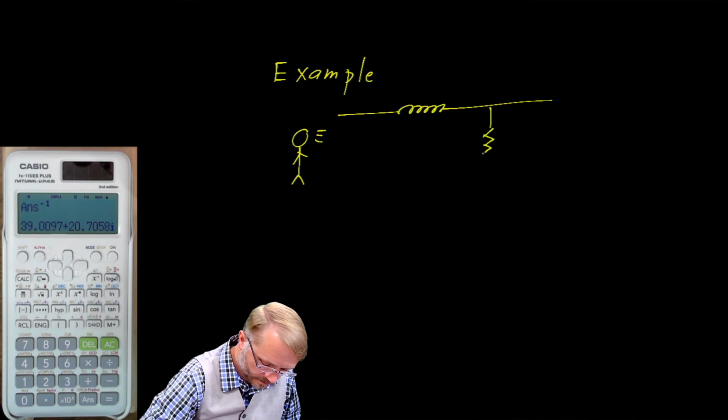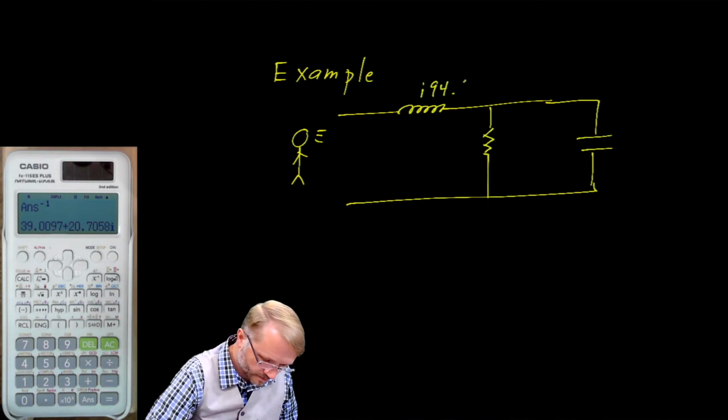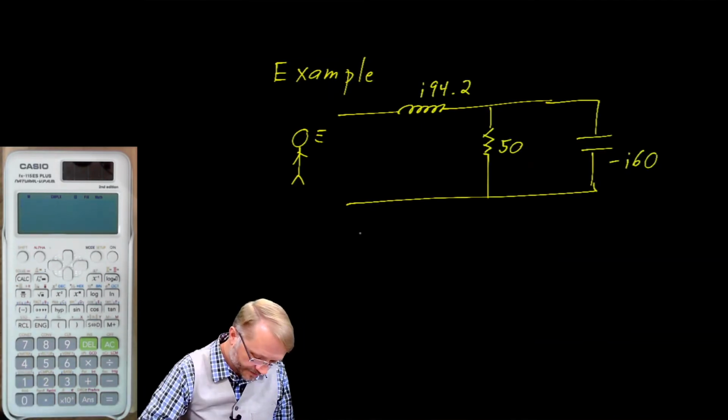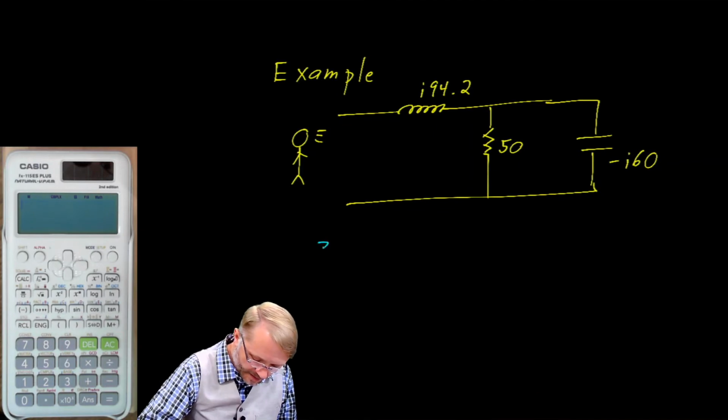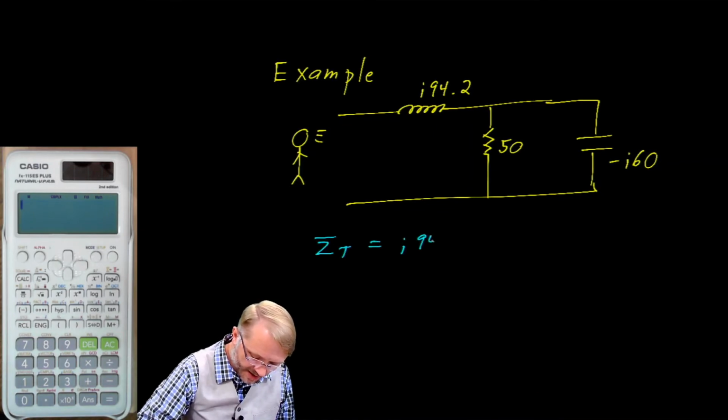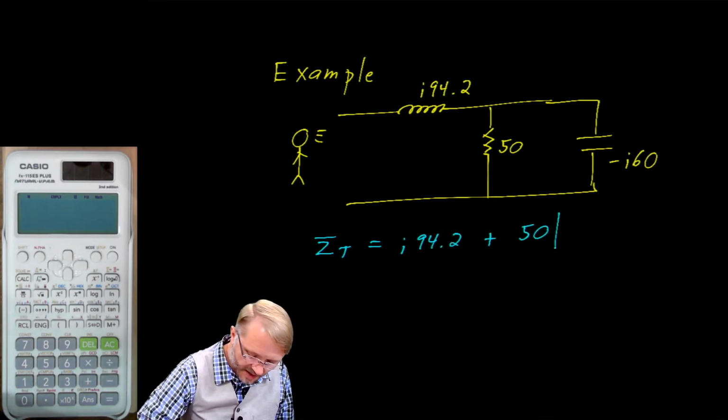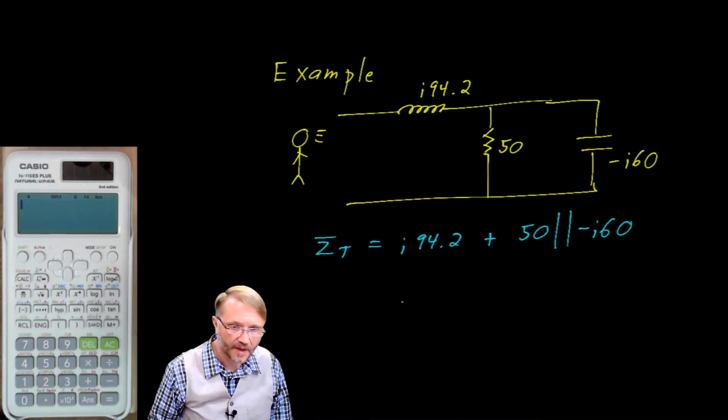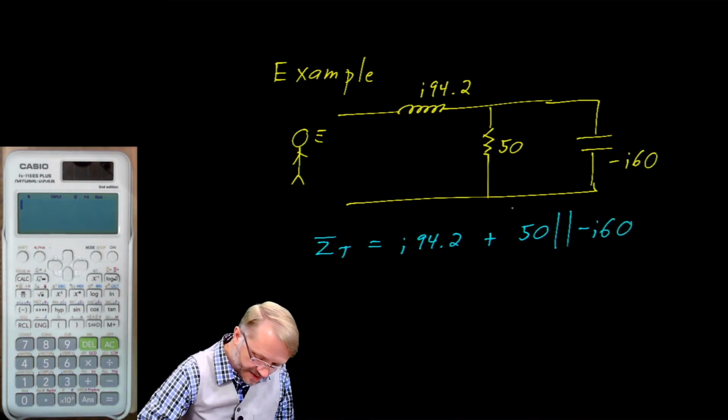Here's a series parallel example. We calculate the total impedance as j94.2 plus 50 in parallel with negative j60. And that looks kind of mean, but it's not so bad.